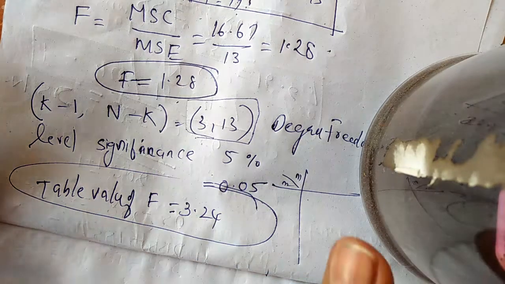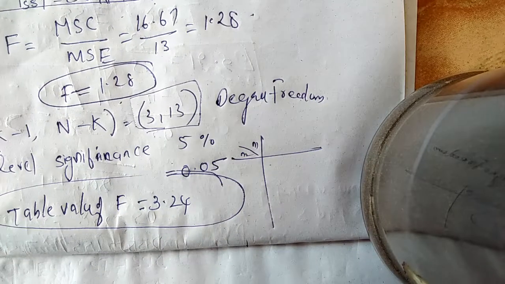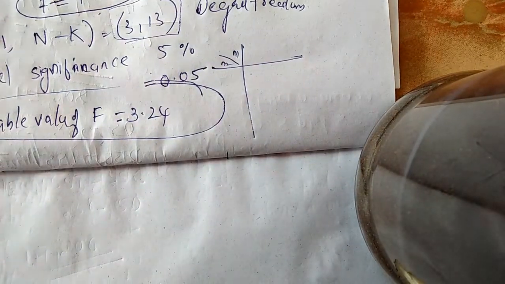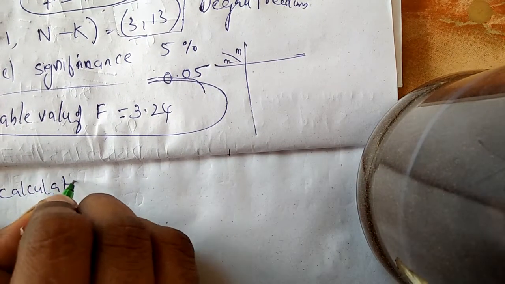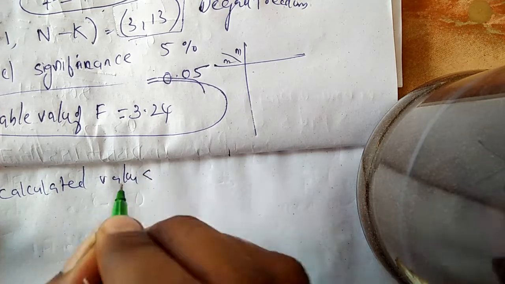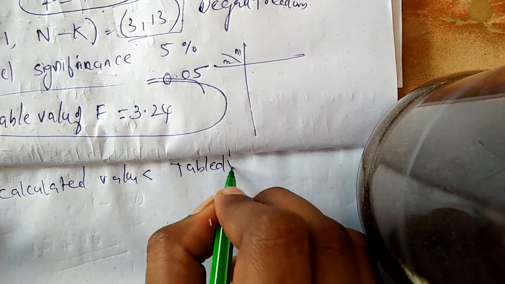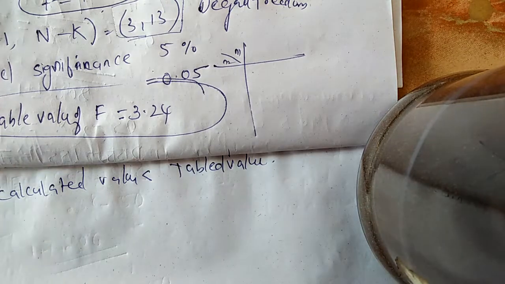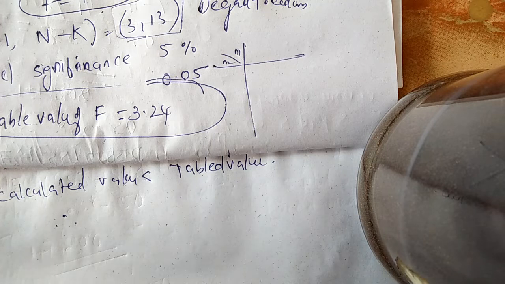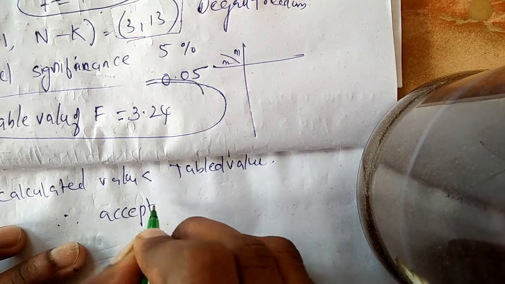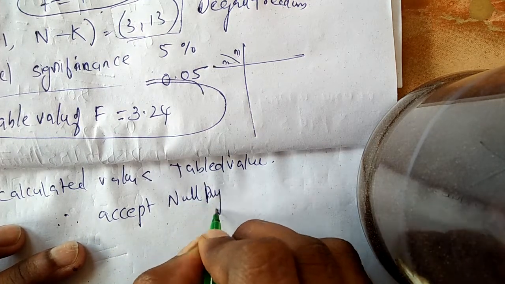Calculated value of F is 1.28. So here the calculated value is less than the table value. So therefore we can accept the null hypothesis.